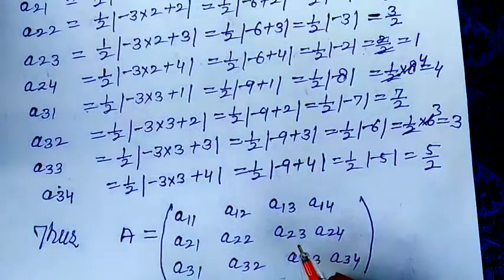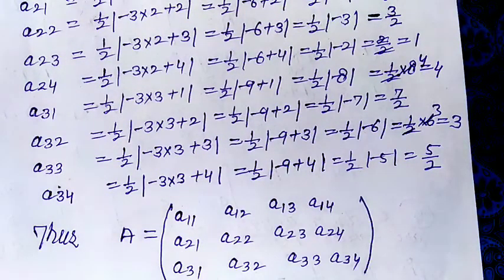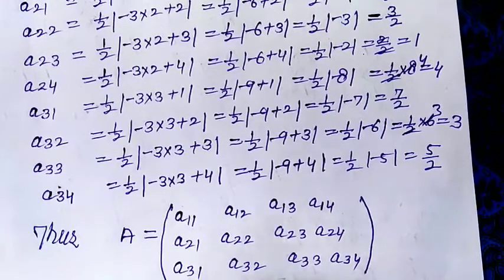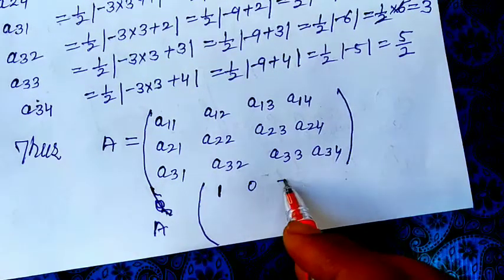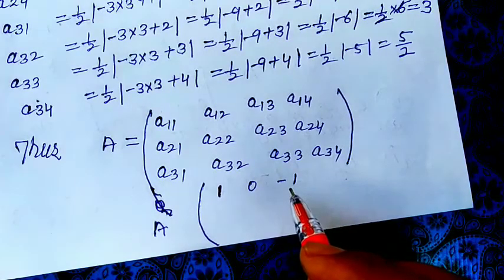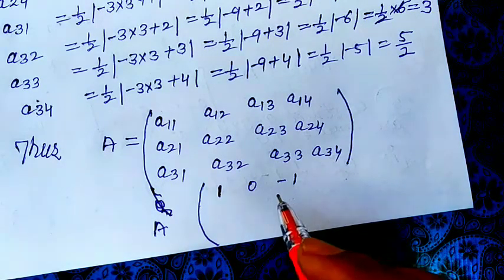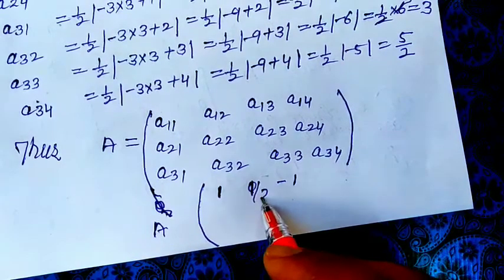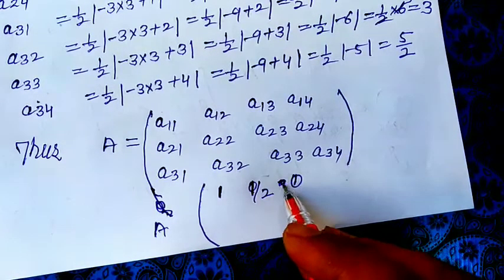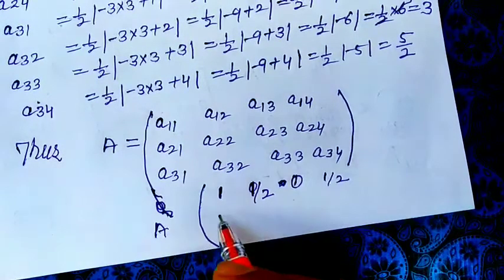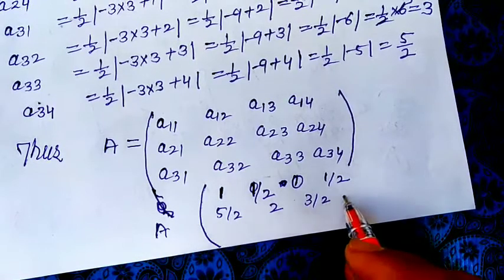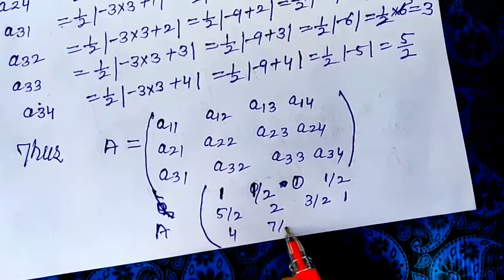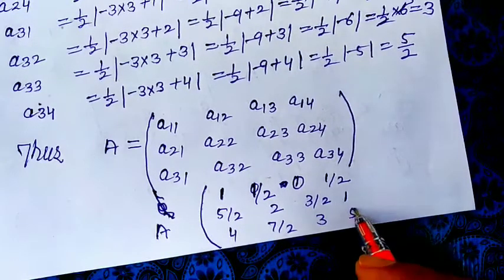The value of A11 we have 1, then 1 over 2, 0, 1 over 2, then 5 over 2, 2, 3 over 2, 1, 4, 7 over 2, 3, 5 over 2.